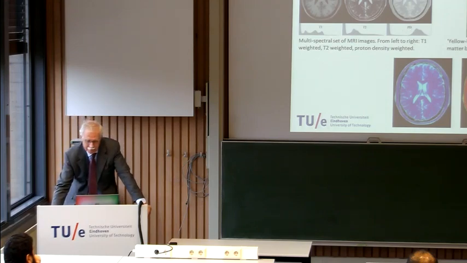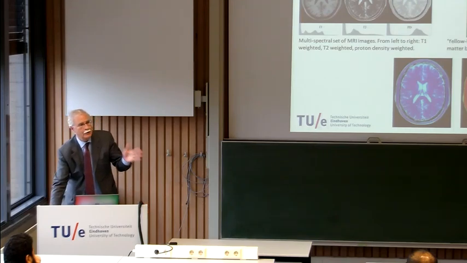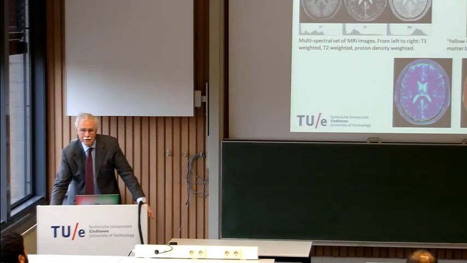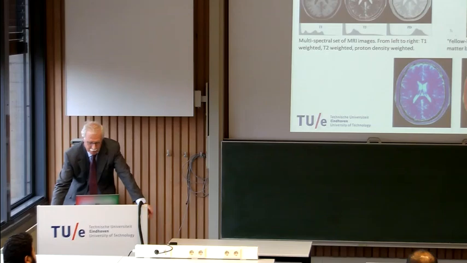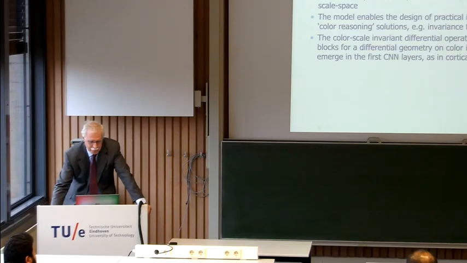And then you nicely see that this is a super way to find, for example, the edges between the white and the gray matter, because you look at specific contrasts. So we don't look at intensities, but we now use the full 3 modality information. And this is also one of the things I want you to have a look at.